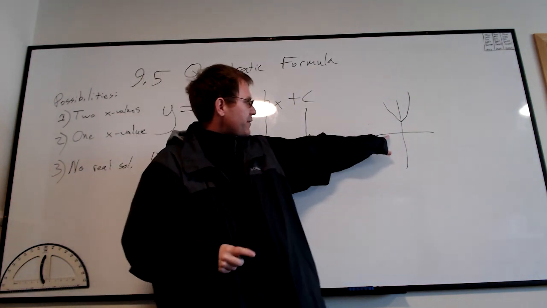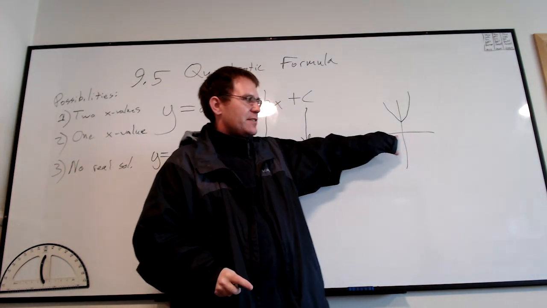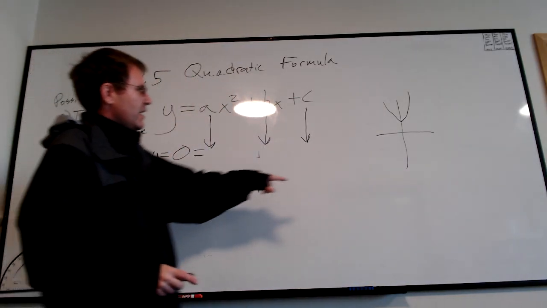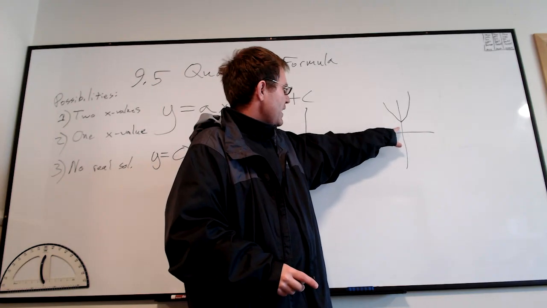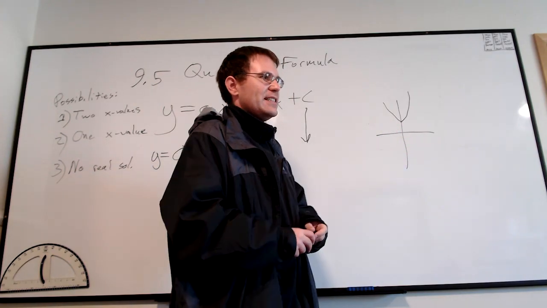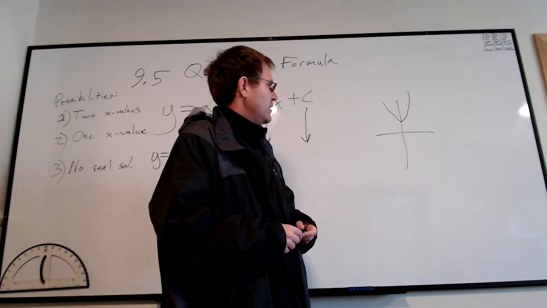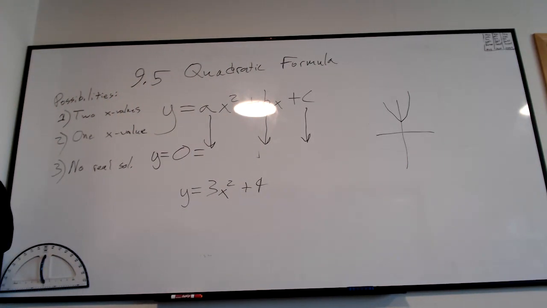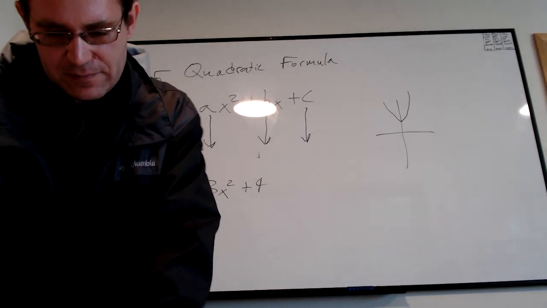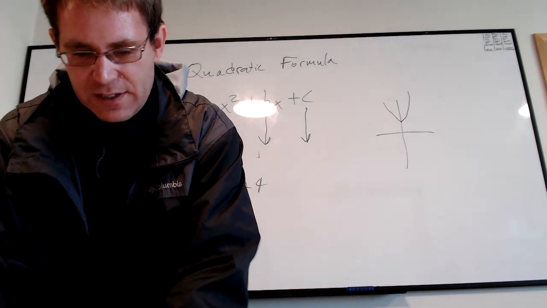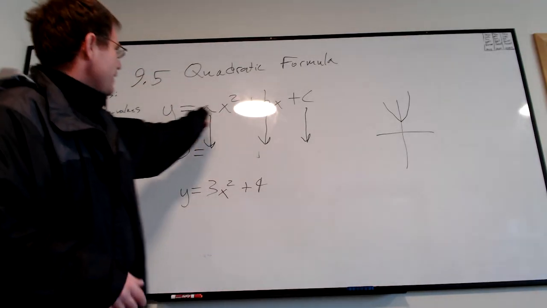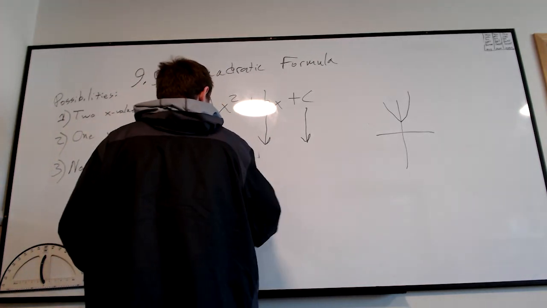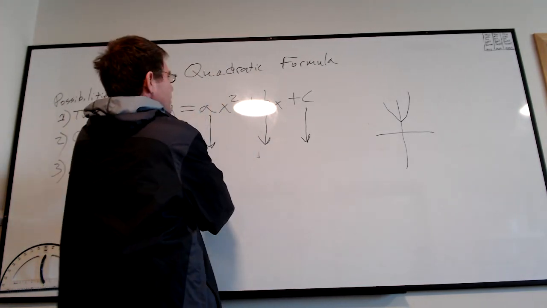If we're solving for the x-intercepts when y equals 0, there is no solution because it never equals 0. So those are your three main possibilities with this. Okay, now we're going to talk about how we solve it when we have this equal to 0. And that's where we're going to introduce the quadratic formula.